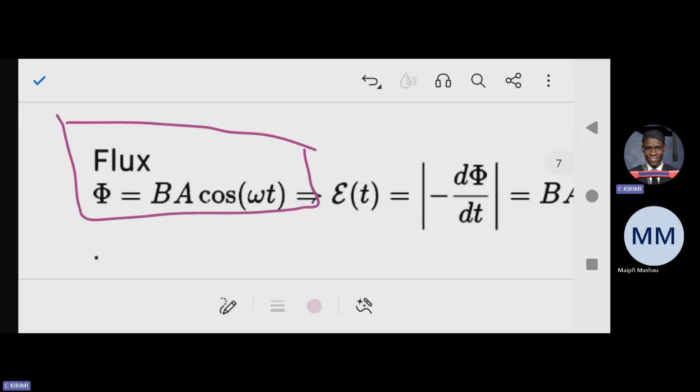So what was your answer? I want to hear your final answer now. BA, which is the constant, multiplied by sine of bracket omega t multiplied by omega, because you also differentiate.